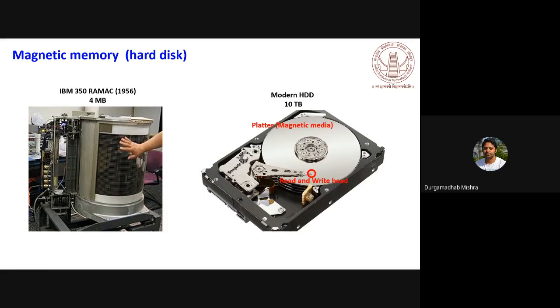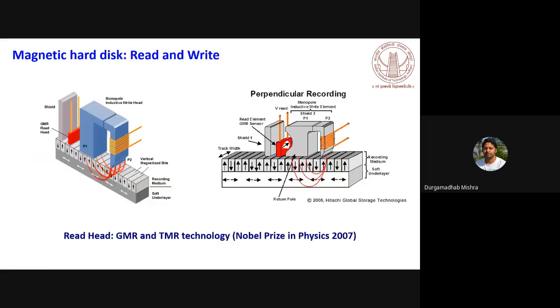But nowadays they are reduced to such small sizes, and you can store a lot more information, and read and write even faster. All these things have improved due to nanotechnology.